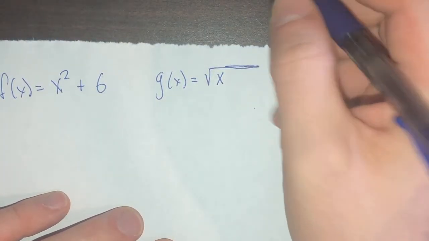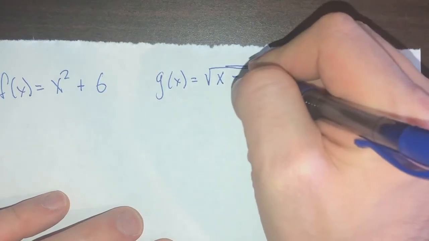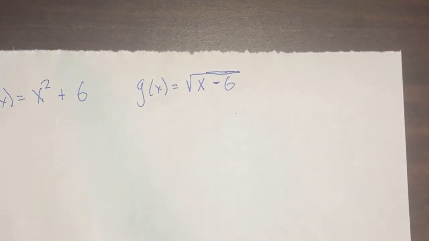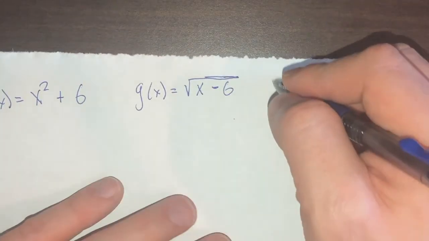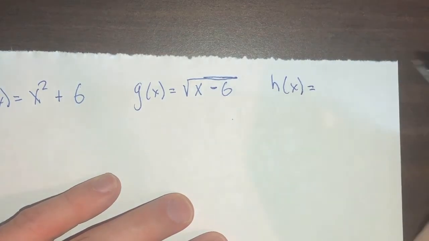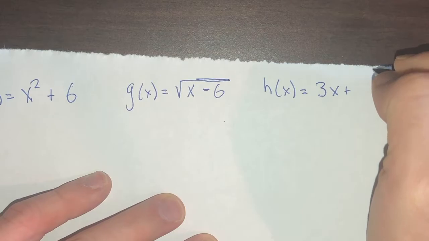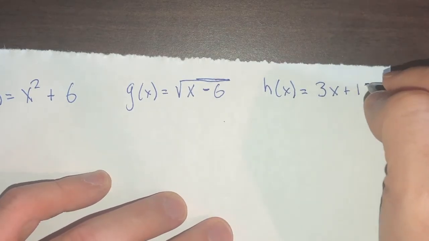And then I'm going to let h of x be 3x plus 15.